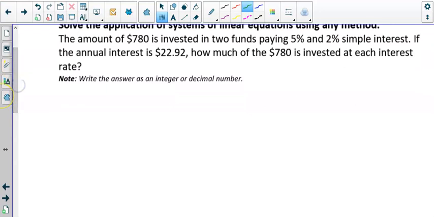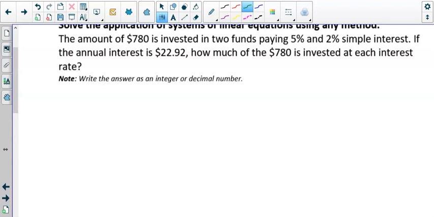So, and again, this is one just like that you've seen in your homework. It says the amount of $780 is invested in two funds paying 5% and 2% simple interest. If the annual interest is $22.92, how much of the $780 is invested at each rate?